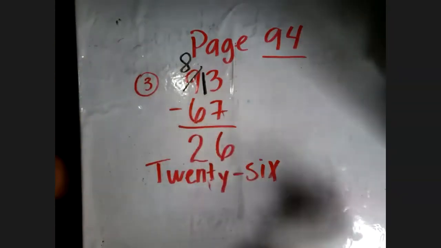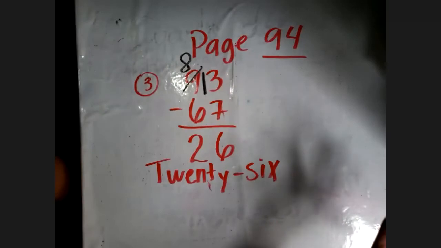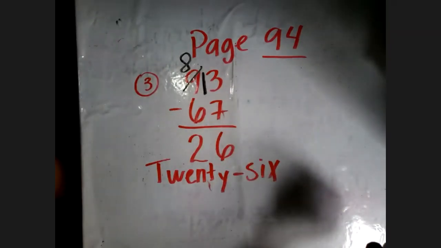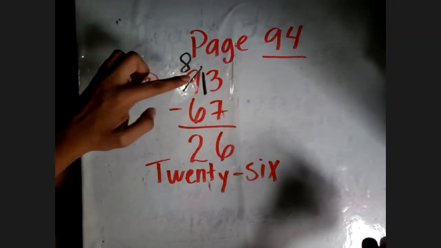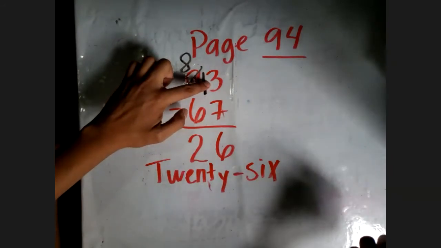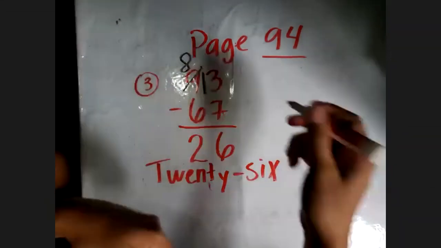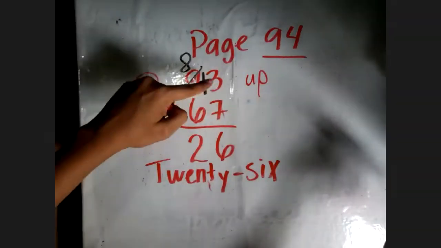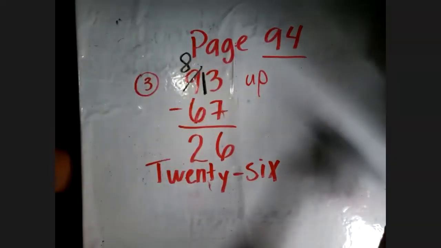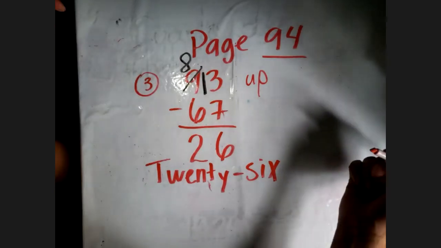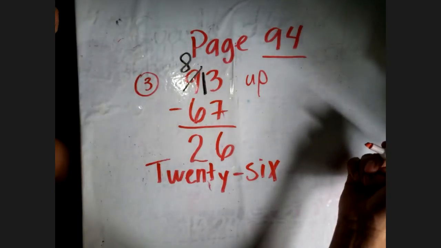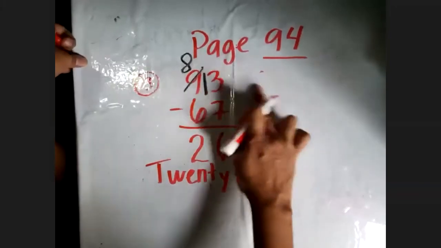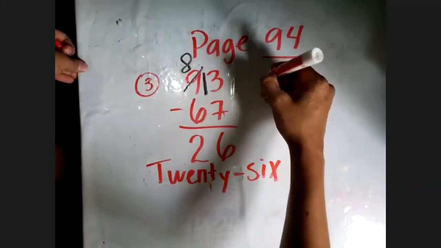¿Cuándo tiene que pedir prestado una unidad usted? ¿Cuándo? Cuando pasa when the number up, right? The number up, right? Up. Okay. El número de arriba, the number up, right? When the number up is what? Is too small, right? Too small, right?